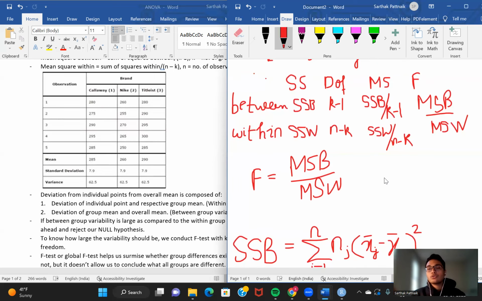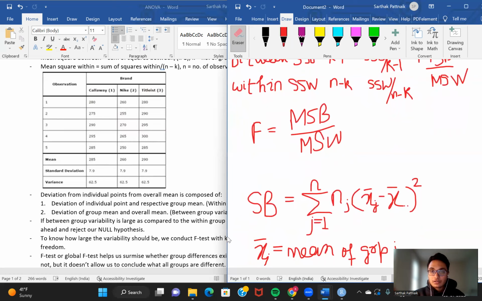So let us suppose I want to test whether my groups Callaway, Nike, and Titleist are different at 0.95 confidence level or 0.05 alpha level. For that, what we do is calculate the F statistic using mean square between upon mean square within. And we need to compare this test statistic with my critical F value. And how do we calculate the critical F value?